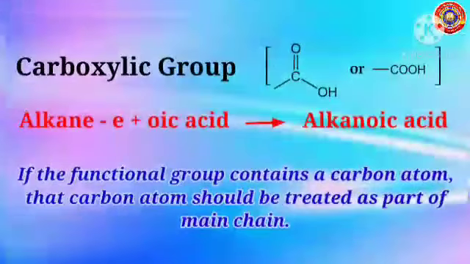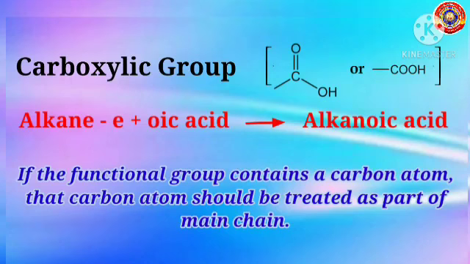Carboxylic group. The functional group COOH is known as carboxylic acid. IUPAC rule follows the pattern alkane minus E plus oic acid gives alkanoic acid. If the functional group contains a carbon atom, that carbon atom should be treated as a part of a main chain.